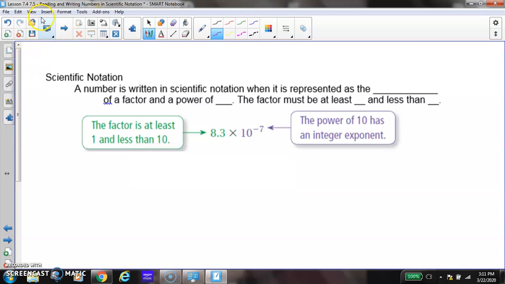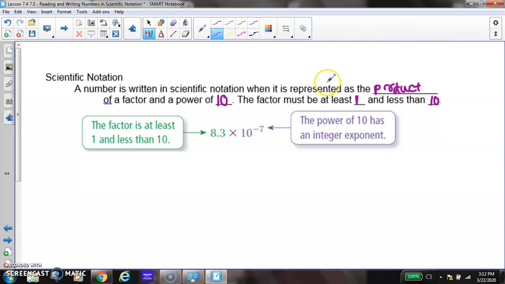Scientific notation is a number that is represented as the product of a factor and a power of 10. The factor must be at least 1 and less than 10.